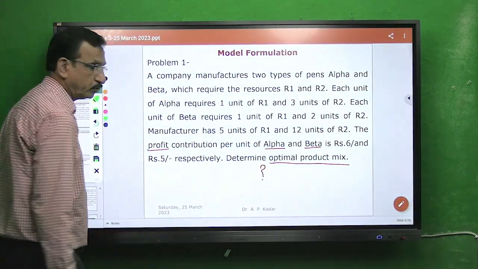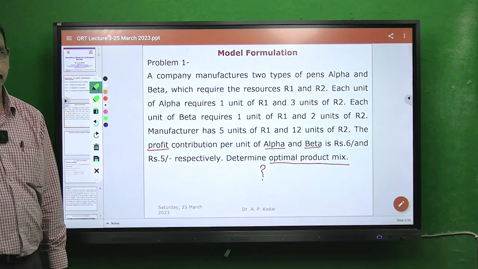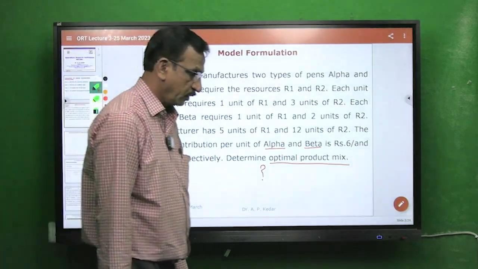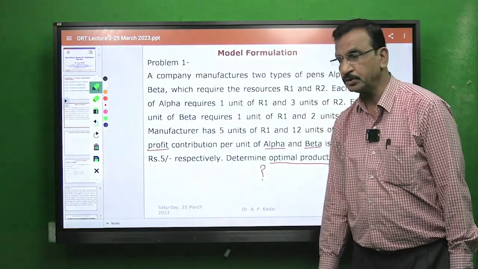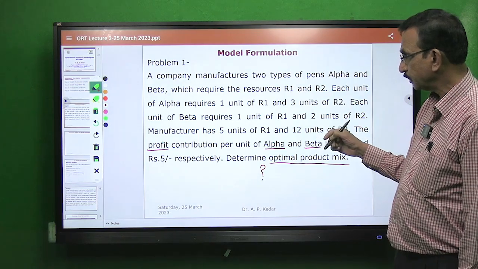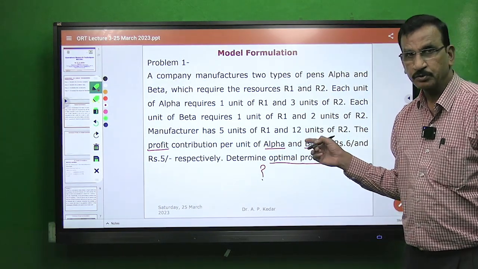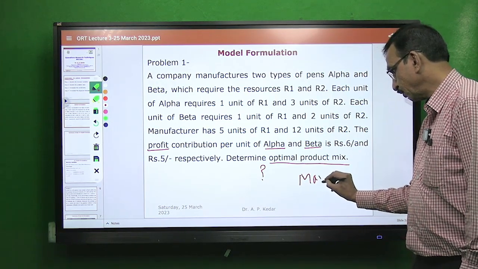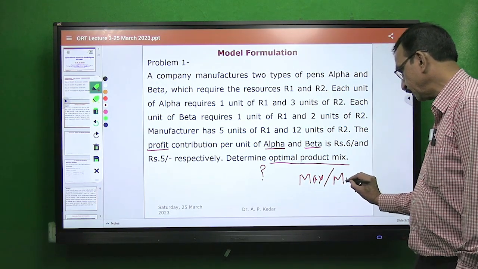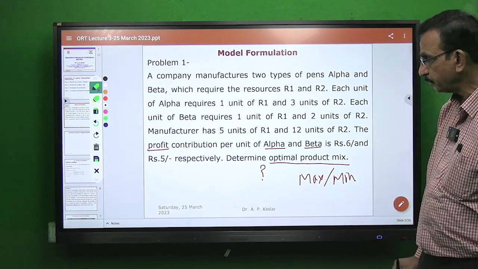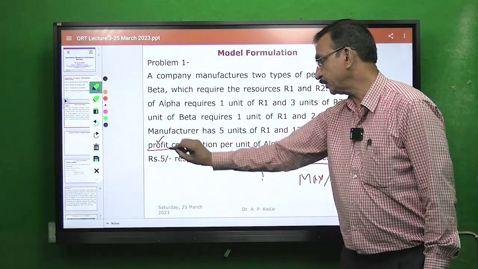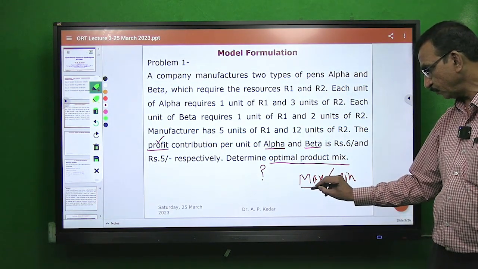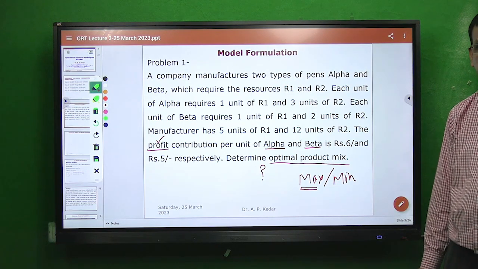So here, directly what to do, that is whether to maximize or minimize, was not mentioned in this particular problem. In such a problem, as an OR specialist, we have to smell the contents of the problem, and based on the contents we have to decide whether to maximize or minimize. Since the data is pertaining to profit, naturally the objective function will be maximize profit.